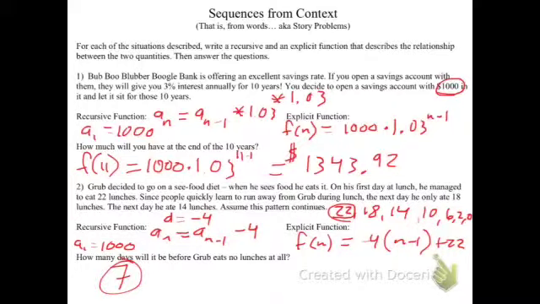If you don't want to keep writing out the sequence, and sometimes it would be really far down in your sequence, you can just plug in your number here, no lunches at all, that's 0. And then you plug that into the left side of our explicit function here, and you solve from there. So our equation looks like this, and then you solve for n.